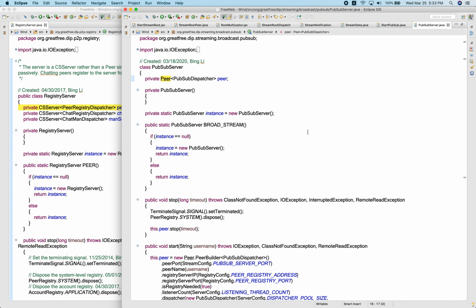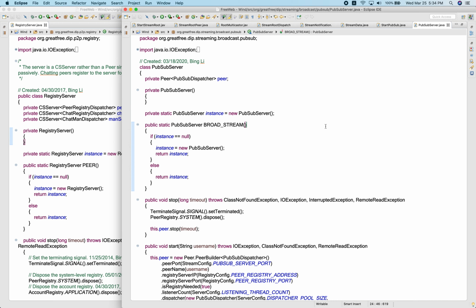In the later case, we have another solution. In another solution, this REST server is able to forward some necessary registry information to the children within the multicasting framework. So for this case, this is the first solution. We use polling. So if we want to use another approach, it's better we use peer rather than server. So you need to consider there are differences, right? There are some advantages and disadvantages.